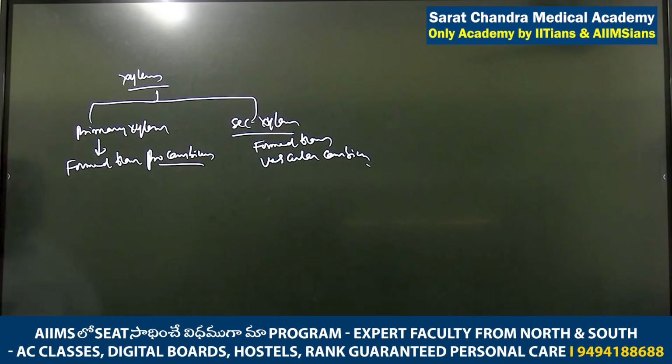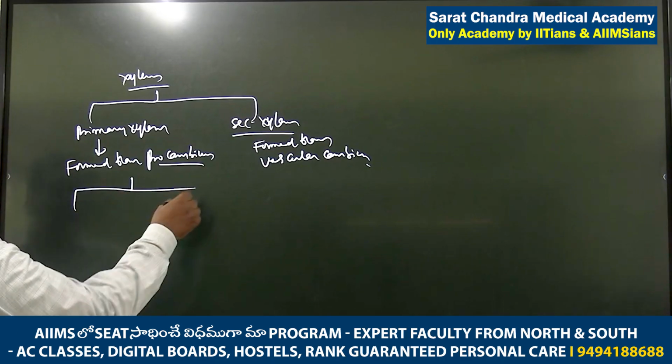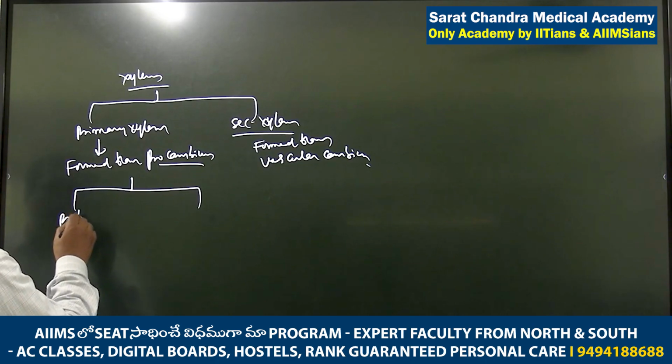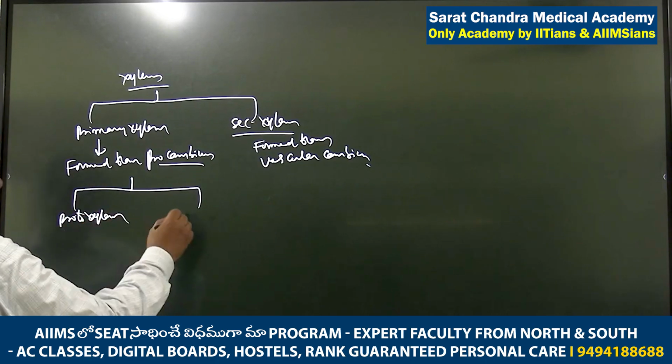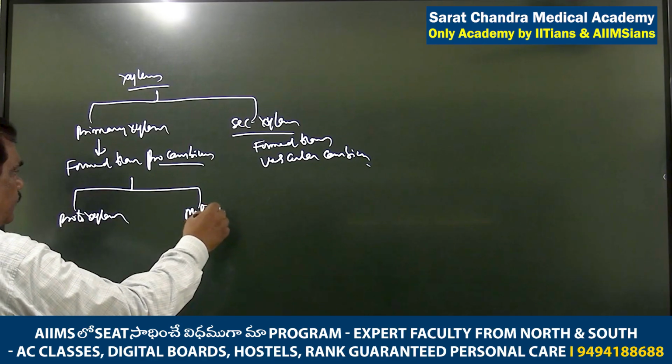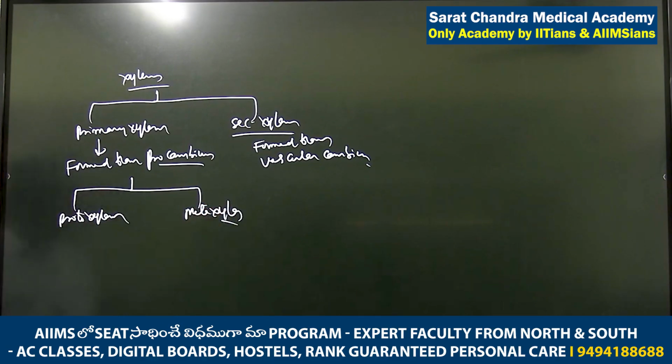Primary xylem having two kinds of cells, that is protoxylem and metaxylem. Protoxylem and metaxylem are present only in primary xylem, not in secondary xylem. What is protoxylem?